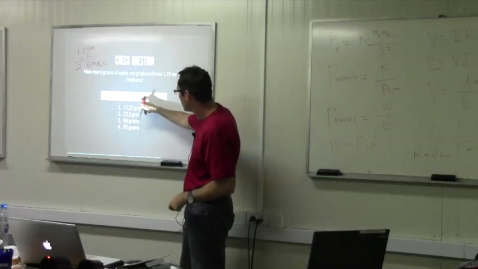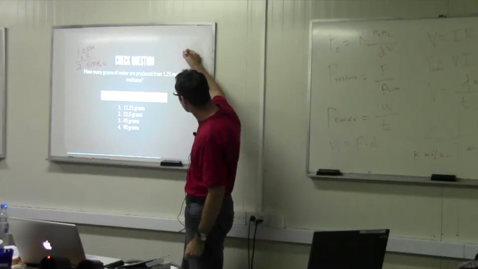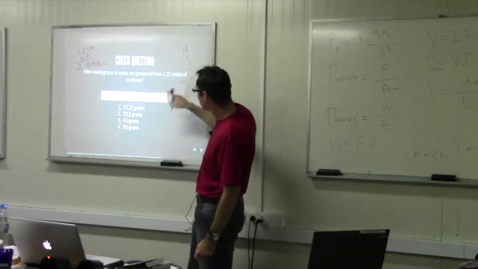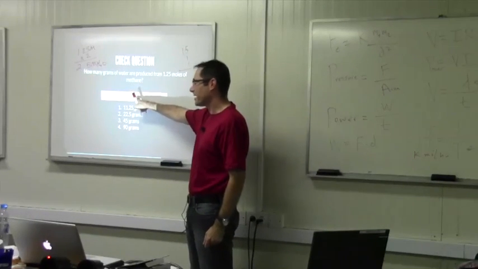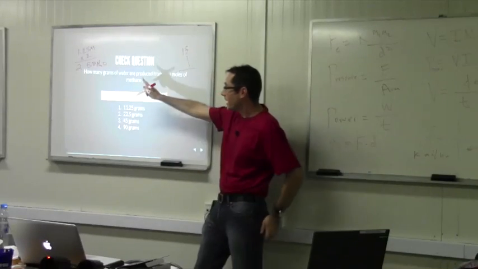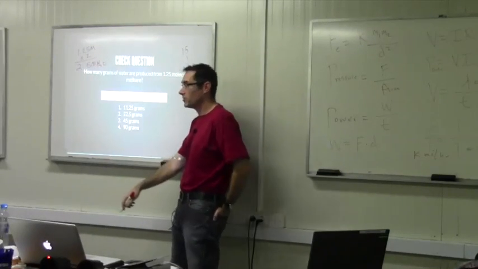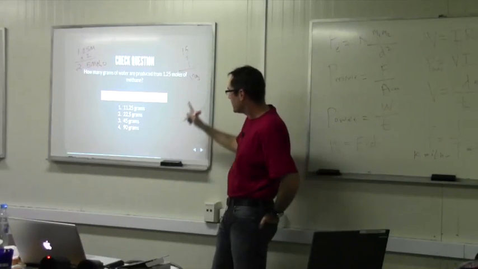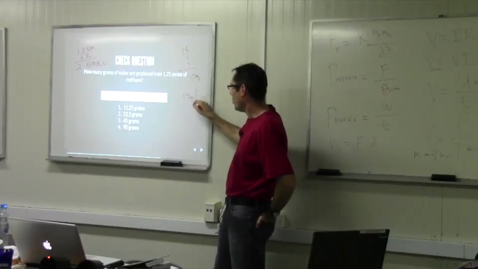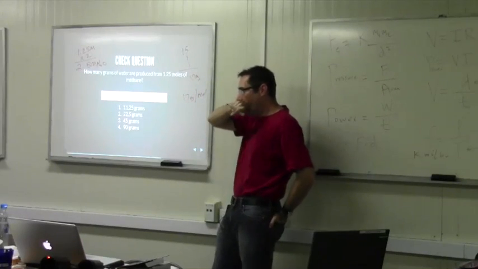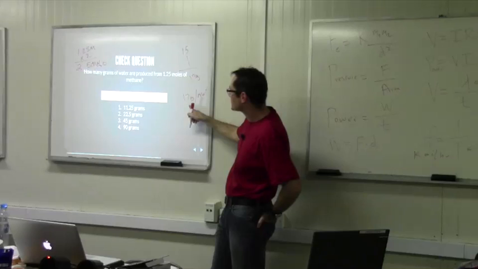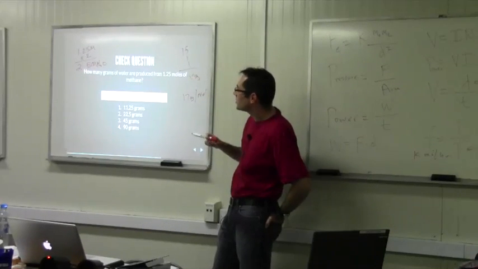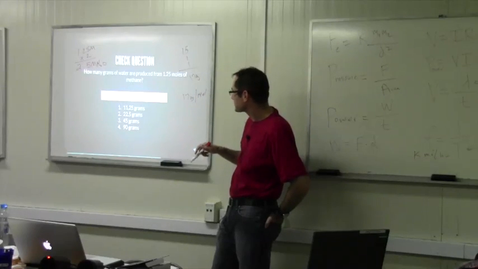Let's look. Water. Oxygen is what? 16. Hydrogen is what? 1. And how many of them do we have? We have 2 of them. So 16, 17, 18 grams. Okay, that's 18 grams per mole. How are we going to get grams if we know how many moles it is total? 18 times 2.5.